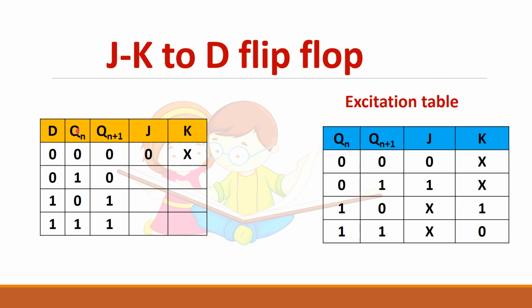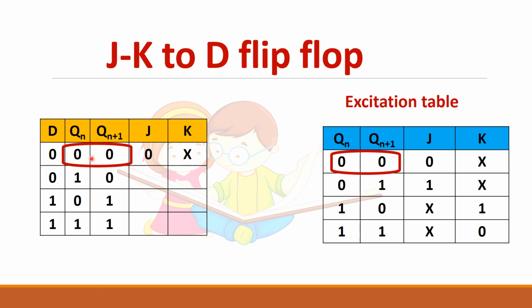So first you find this combination Qn and Qn plus 1. What is that? 0 0. So the same 0 0 is here. So for this combination, what is J and K values? They are 0 and x. So mark that 0 x here.